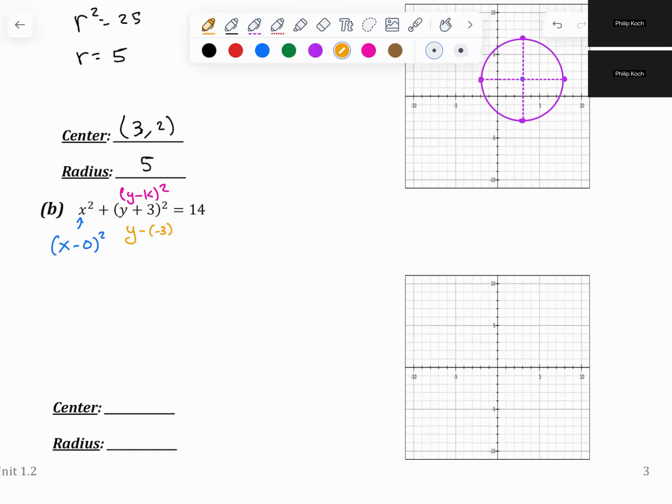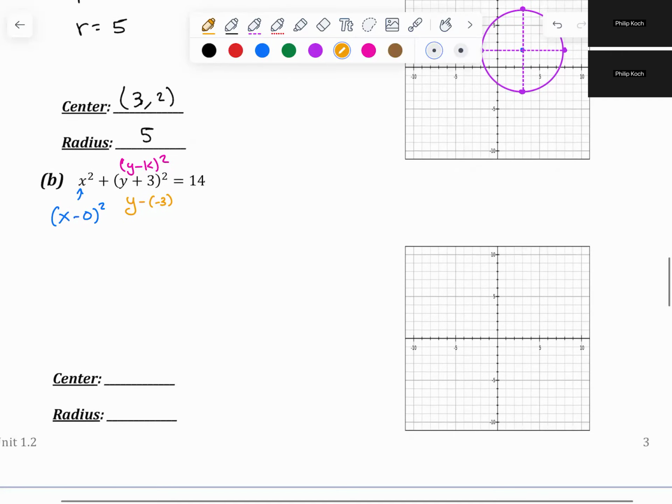We typically don't actually write it down. We just do it in our heads as we get better and better at it. But the fact is, it's not in the right format yet because it has to be y minus a number. So what do we do? We just double negate it. So y plus 3 is the same thing as subtracting a -3. Same thing. So the center is at 0, -3.